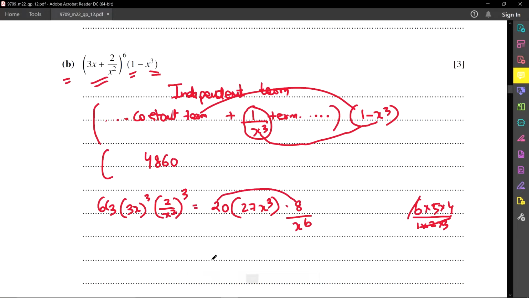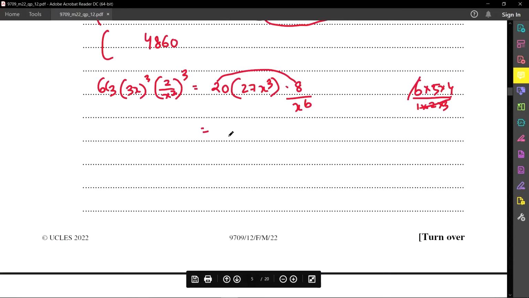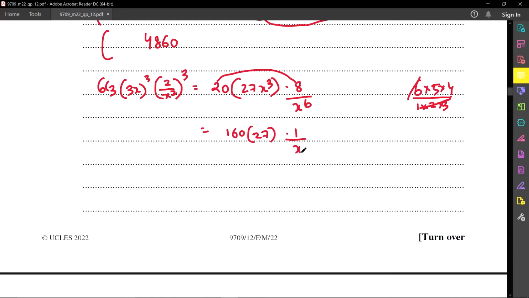So 2 times 8 is 160 into 27. You can use a calculator. 1 by x cube. So 16 sevens are 112. So 11, 16 twos are 32. 32 plus 11 is 43. 0 by x cube. That's it, we are done.